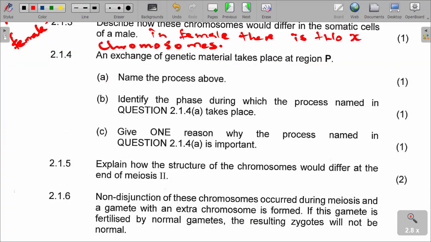An exchange of genetic material takes place at region P. Name the process.